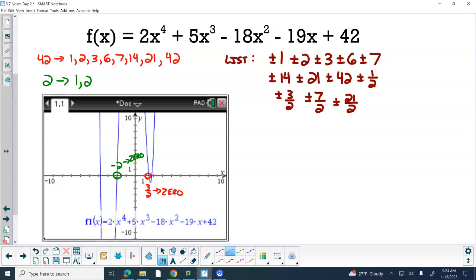So if -2 is a 0, then that means that x plus 2 is a factor.